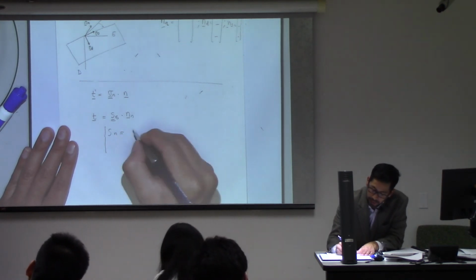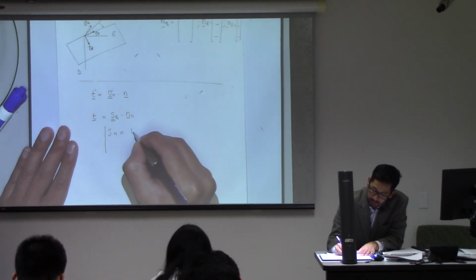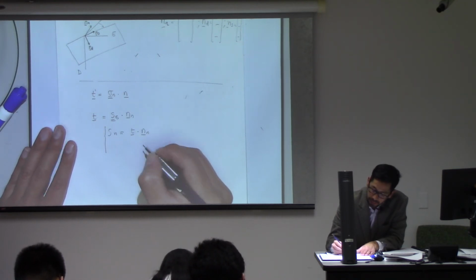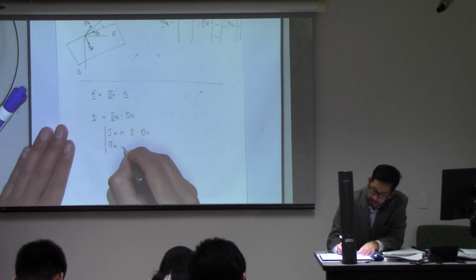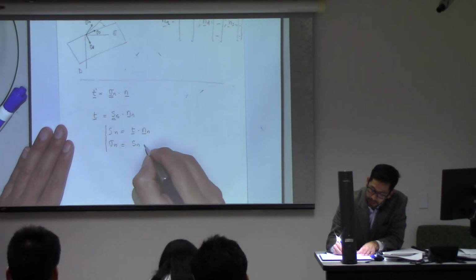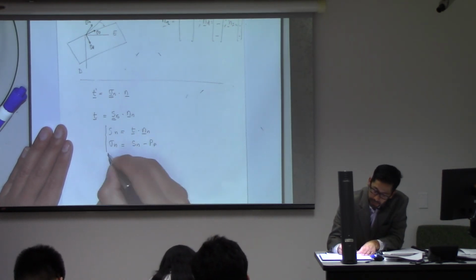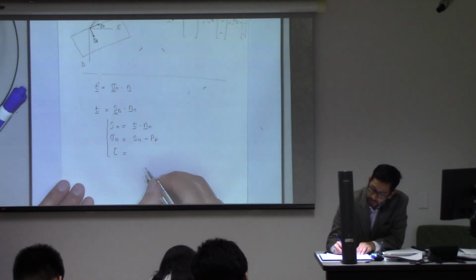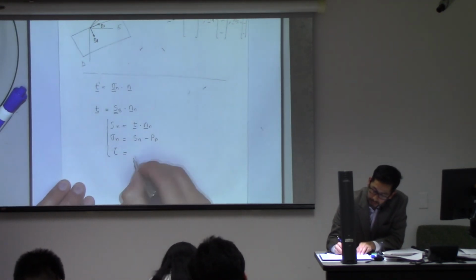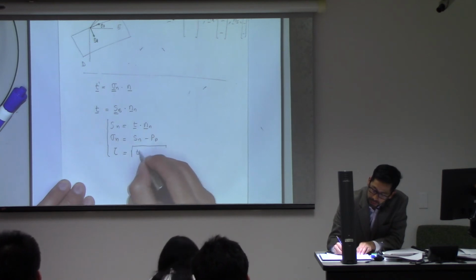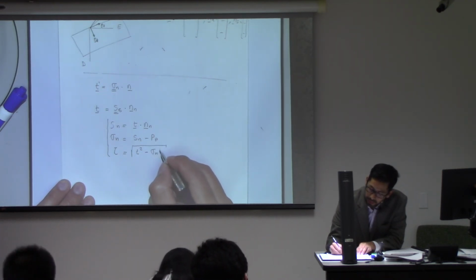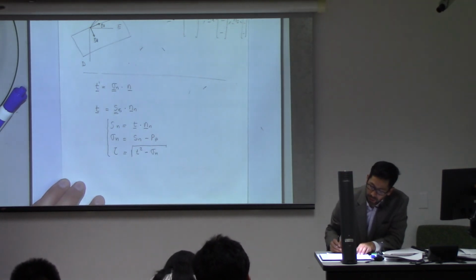So Sn is going to be T dot product Nn, and sigma n is going to be Sn minus the pore pressure, and tau is going to be the square root of T squared minus sigma n squared.